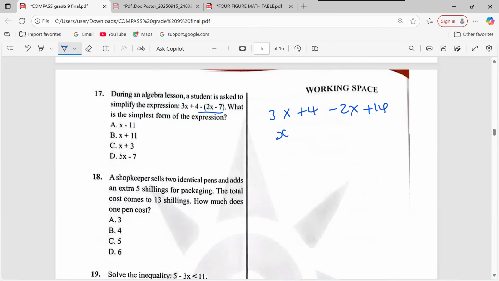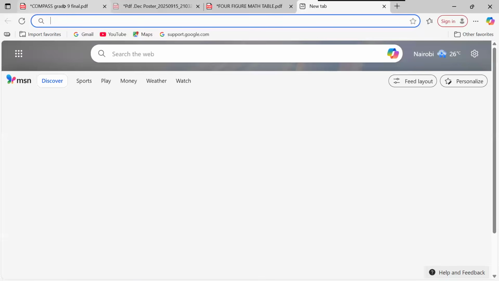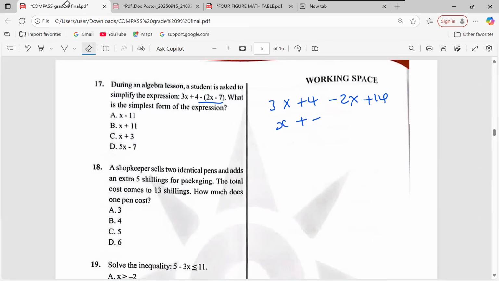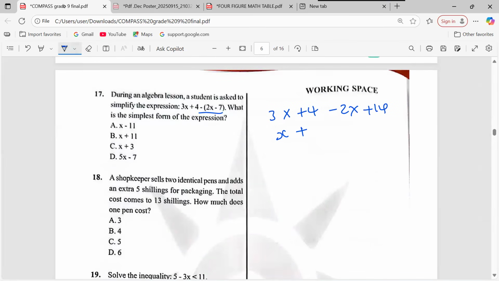So this is x and this is 11, sorry, 11, making B the most appropriate. Yeah, that makes B the most appropriate.